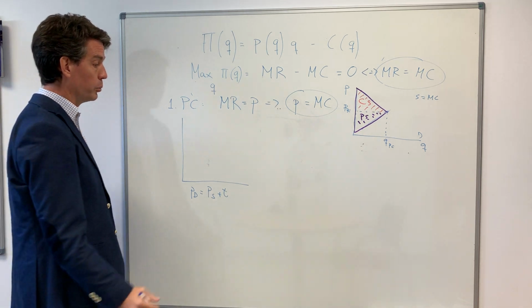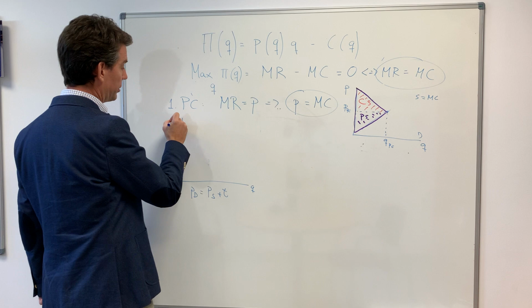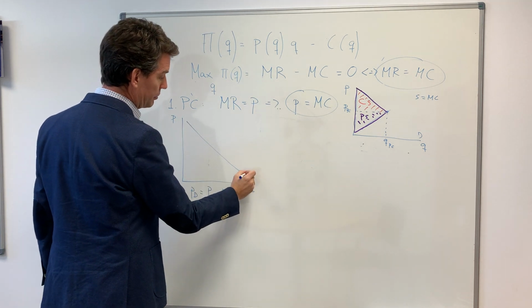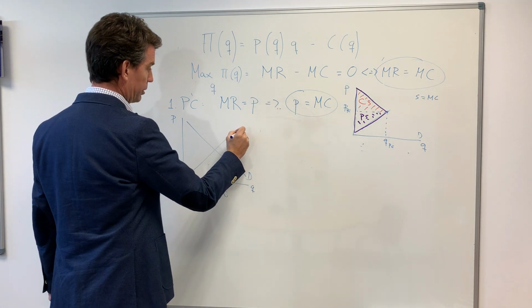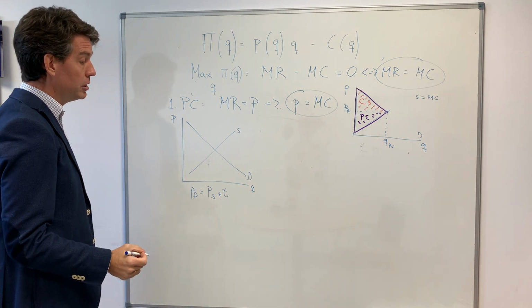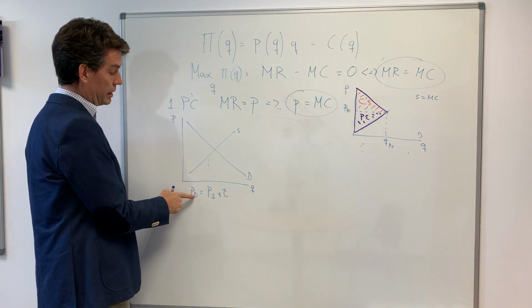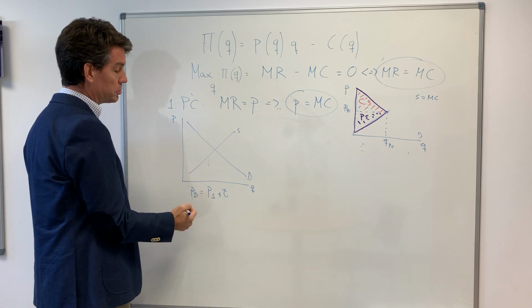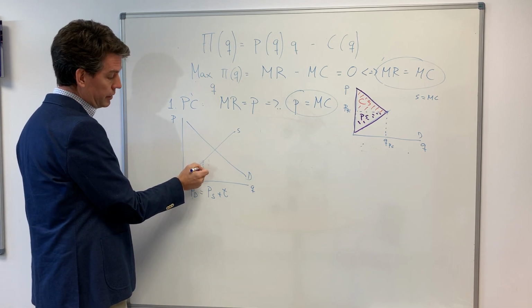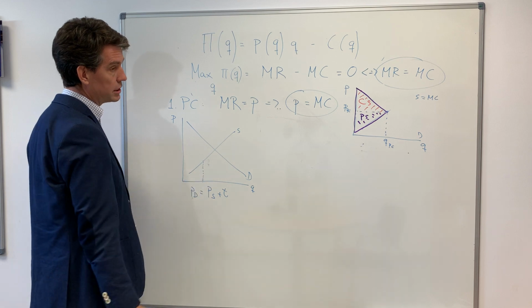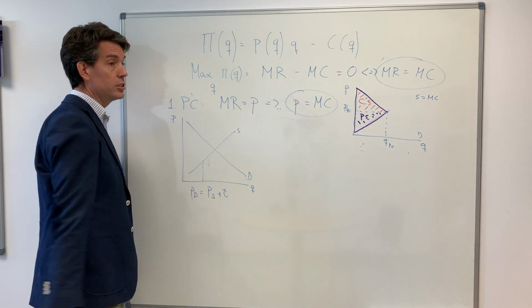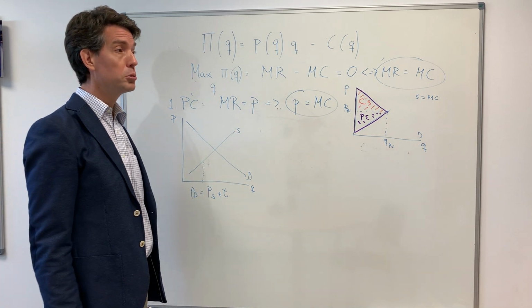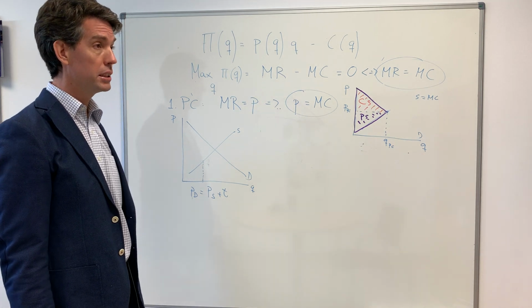What does this mean in our graph? If we have a demand function and a supply function, now not all the price the consumer is paying, the producer receives. So if the producer were going to produce this number of units, the supply function tells us the minimum price they should receive in order to produce these units.